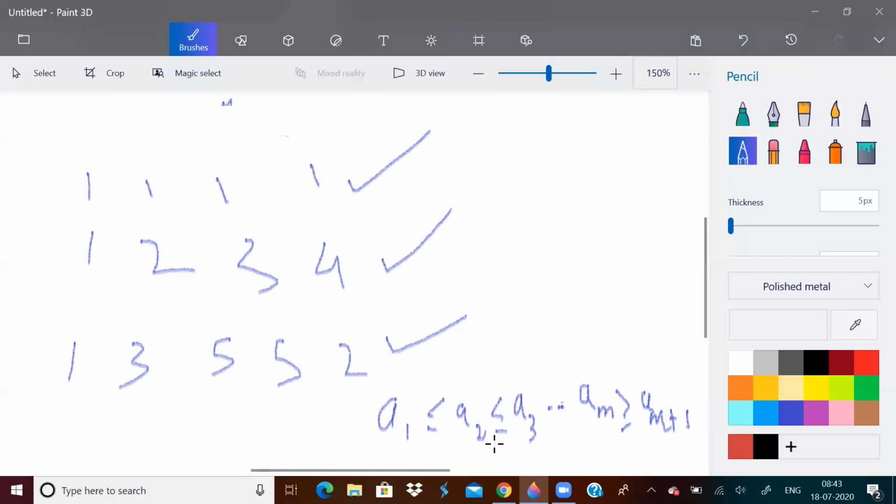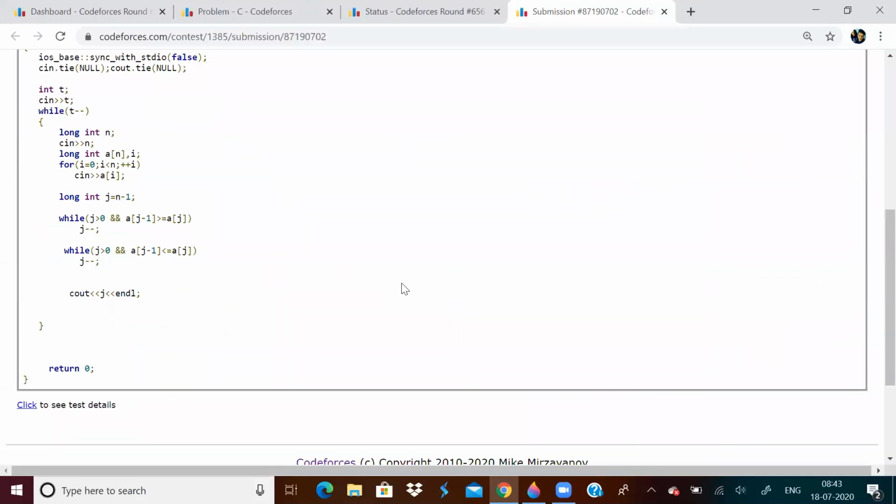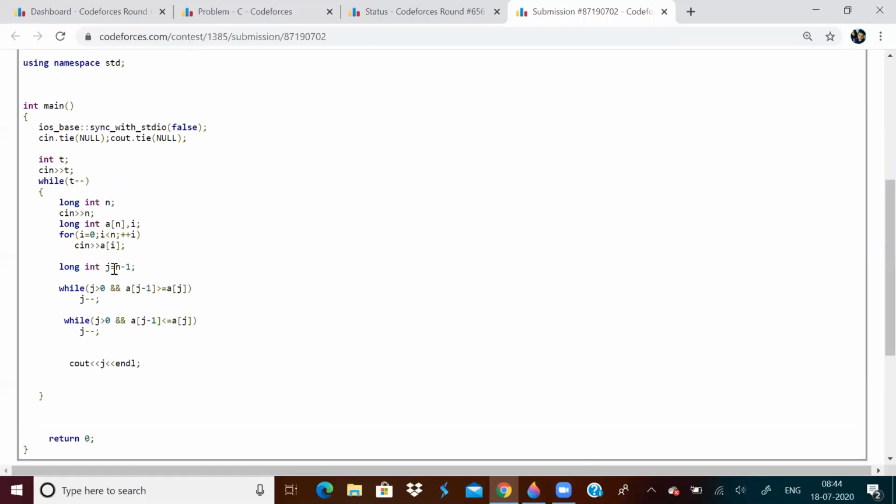So let us look at the solution. It's a simple, straightforward solution. Take the input, keep a variable j. Now run a while loop and check for this condition.